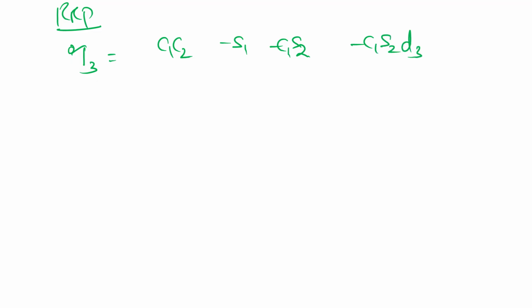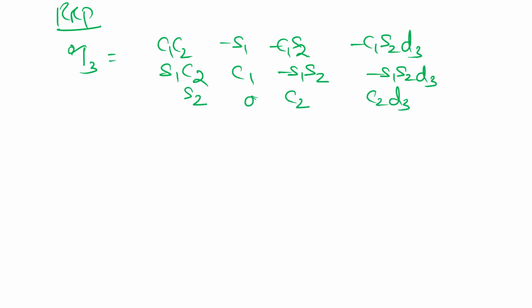This is the matrix derived from DH formulation. And then this is C1, minus S1, S2, minus S1 S2 D3. And here S2, 0, C2, and C2 D3, 0, 0, 0, 1.